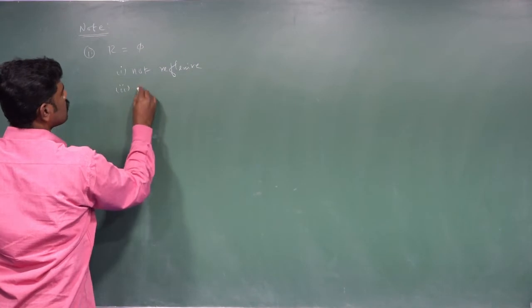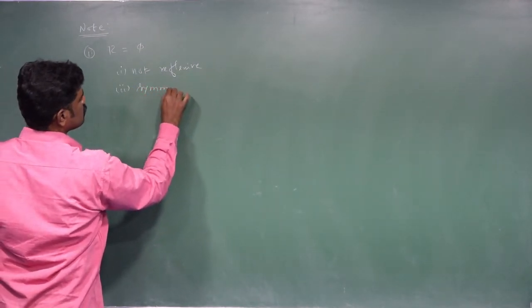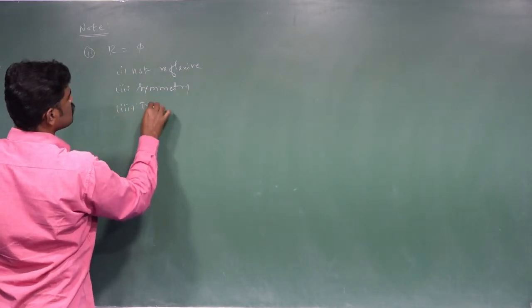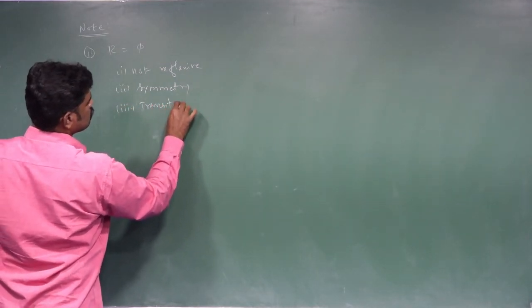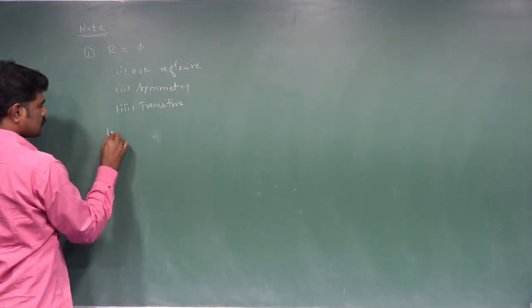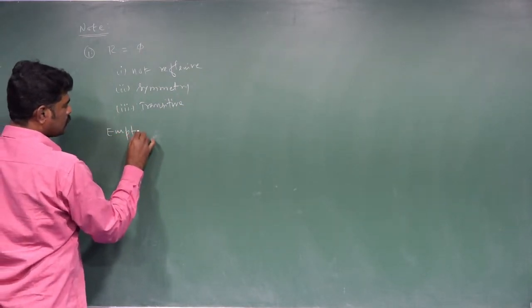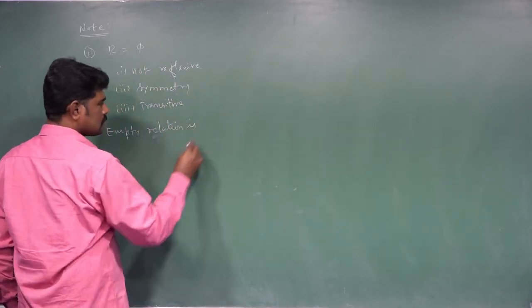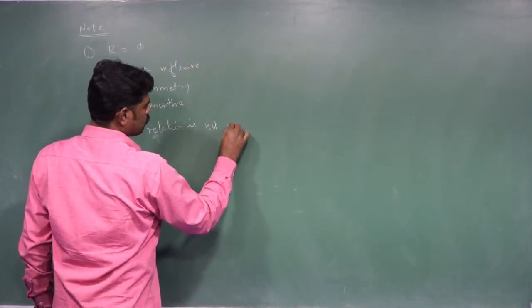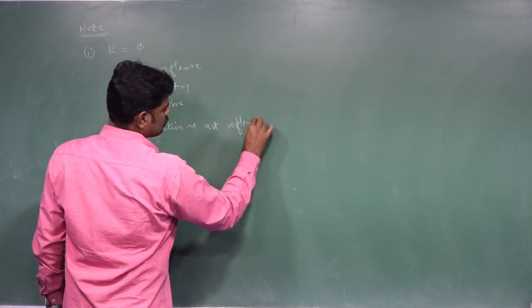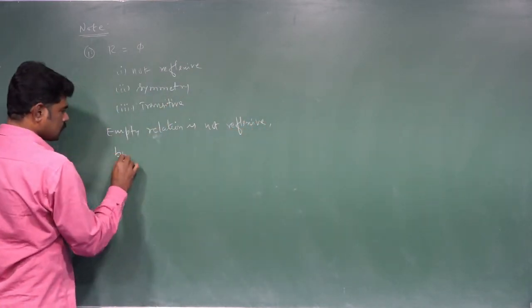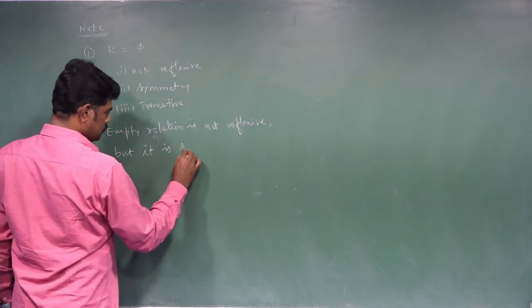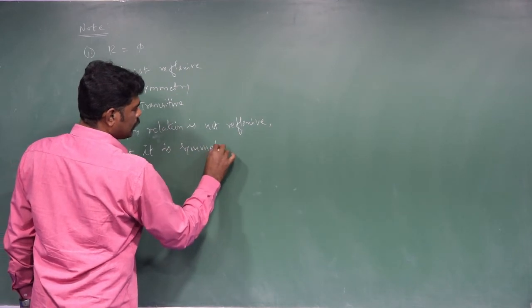Second one, it is always symmetry. Third one, it is always transitive. That means the empty relation is not reflexive, but it is symmetric and transitive.